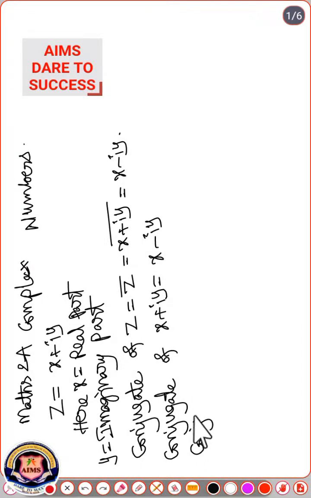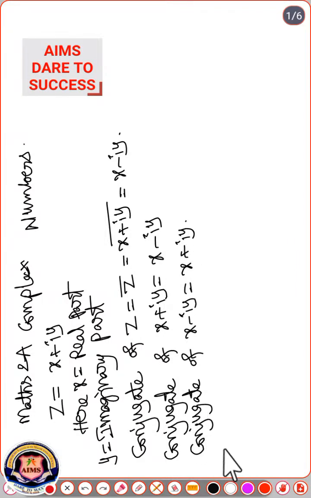The conjugate of x minus iy is equal to x plus iy. You can remember this. And one more important thing: i square is equal to minus 1.